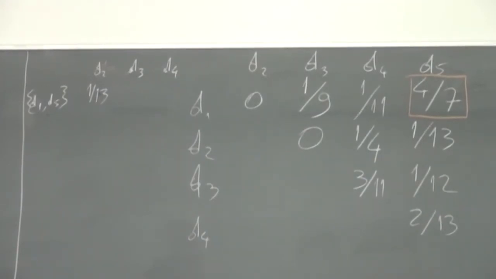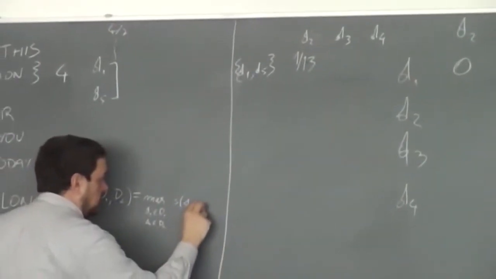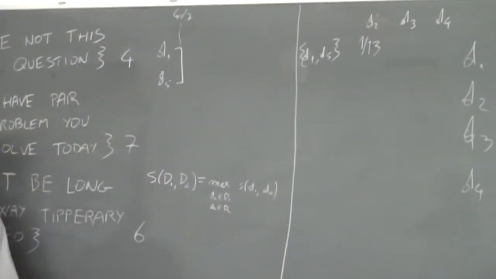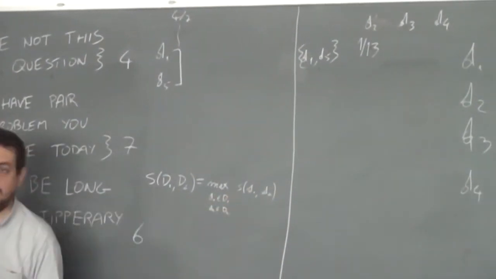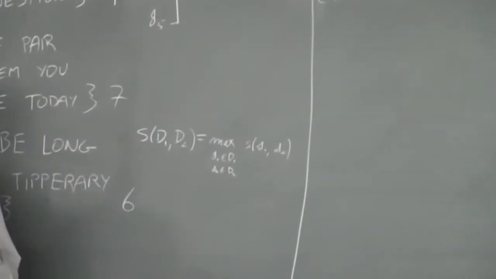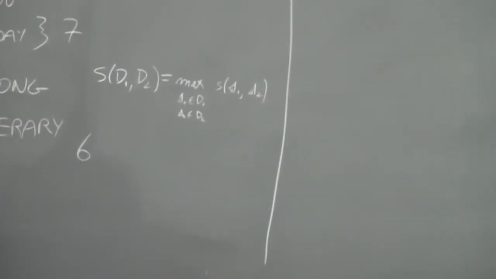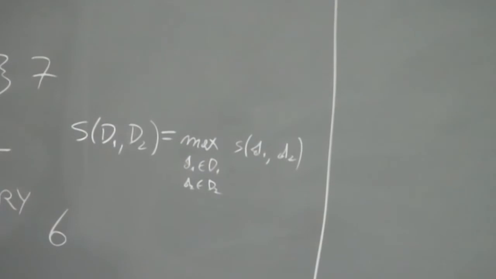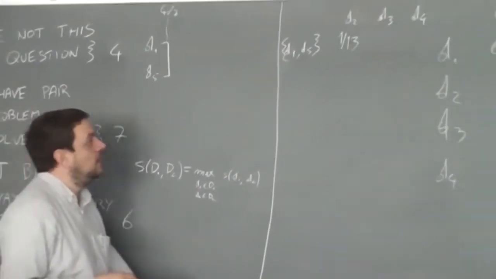Okay, so in general here, the similarity between two sets, D1 and D2, is taken as the maximum, for d1 in D1 and d2 in D2, of the similarity between d1 and d2. This is the definition of set similarity that the exercise is asking for.